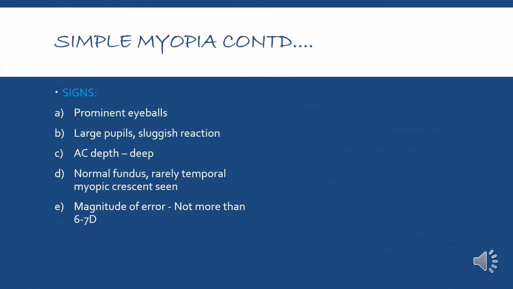I hope you know the difference between symptoms and signs. Symptoms are the ones that the patient complains of, and signs are what we find during the evaluation. Okay? So getting on with the signs, they are prominent eyeballs, large pupils, sluggish reaction to light, deep anterior chamber depth, normal fundus, and rarely you can see a temporal myopic crescent, and the magnitude of error is not more than 6 to 7 diopter.